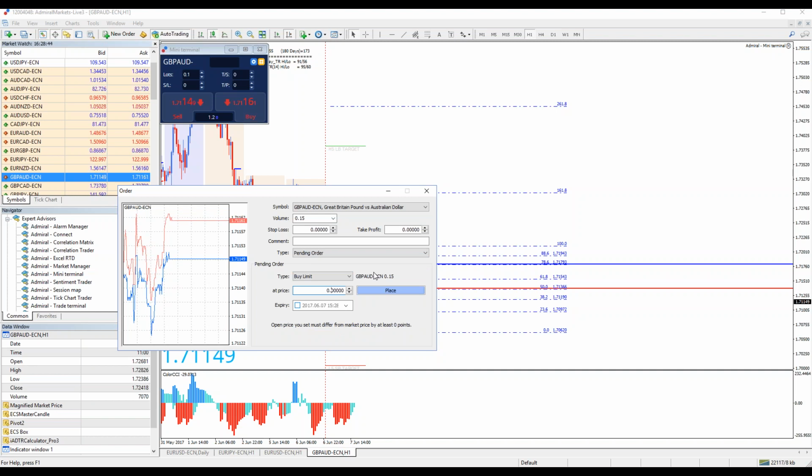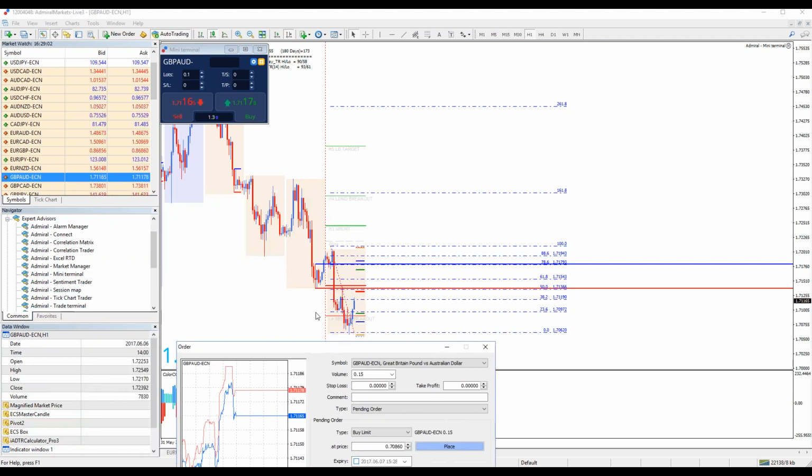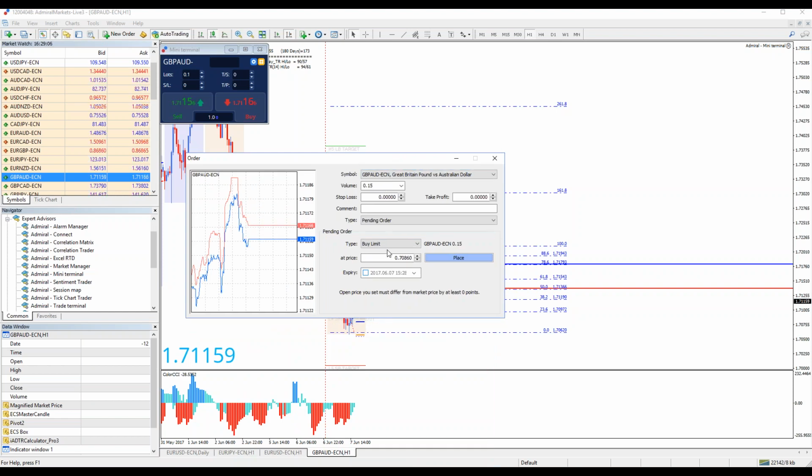While, sorry, it's going up now. If it breaks this L3 level to the upside, then delete your pending order if you want to trade this with me. So this will be valid until daily L3 breaks.